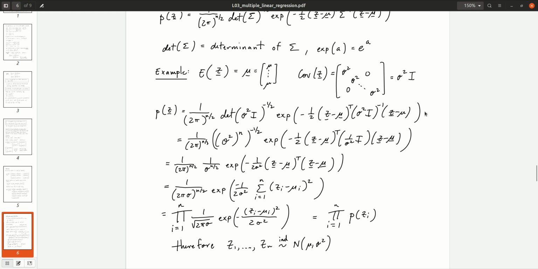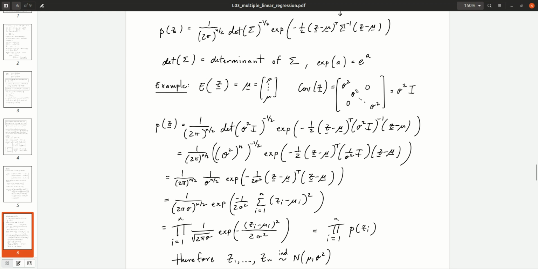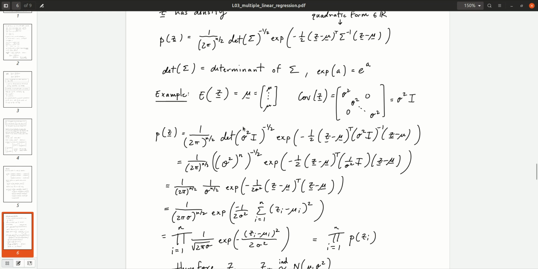Then let's take this formula for the density at the top and plug in this stuff. The density for Z is 1 over (2 pi) to the n over 2, determinant of sigma squared I to the minus 1/2, and then e to this stuff, where we plug in sigma squared I inverse.